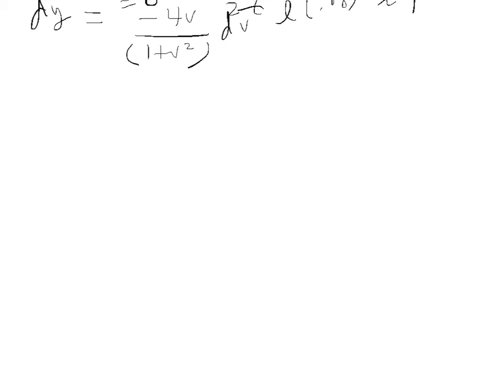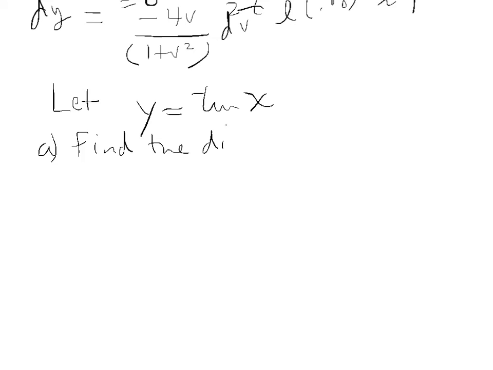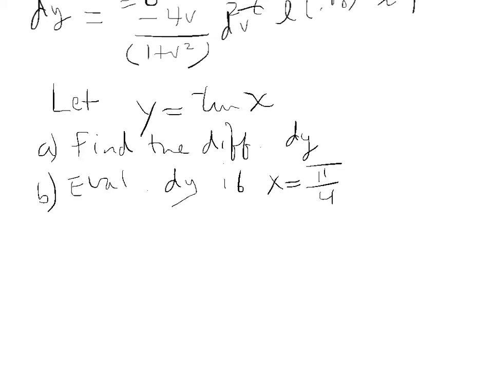Finally, Mac, number 19, it says to let y equal tangent of x. The first thing you've got to do is find the differential dy, and the second thing is evaluate dy if x is pi over 4 and dx is negative 0.1.